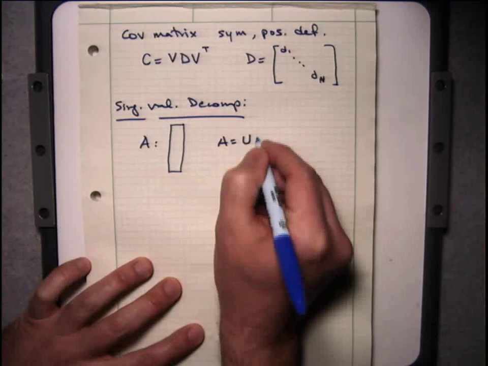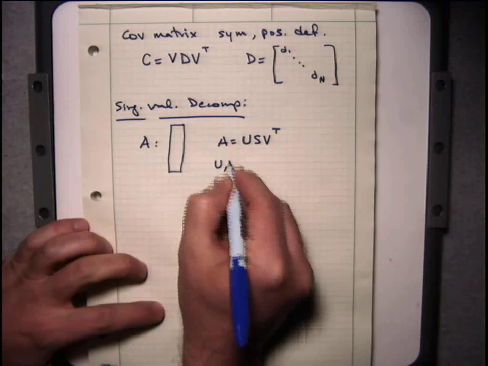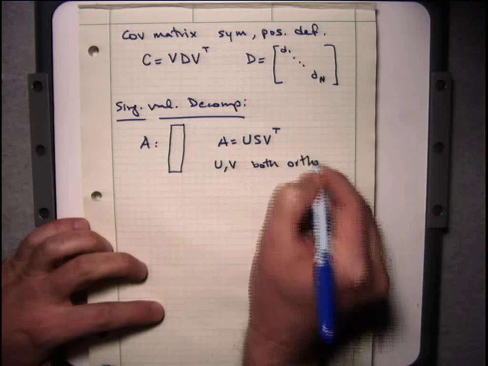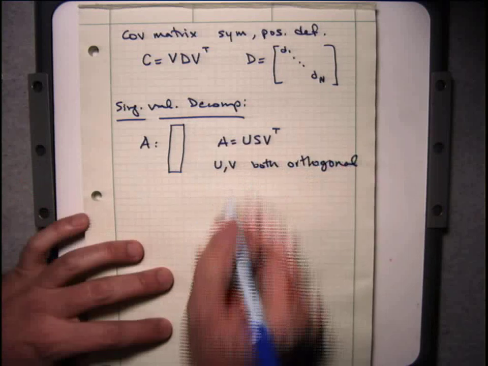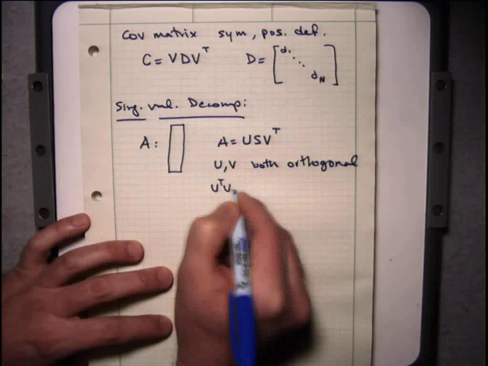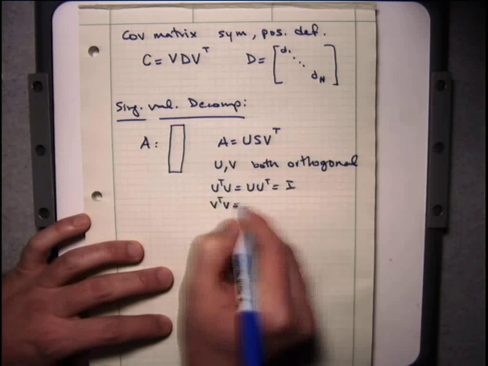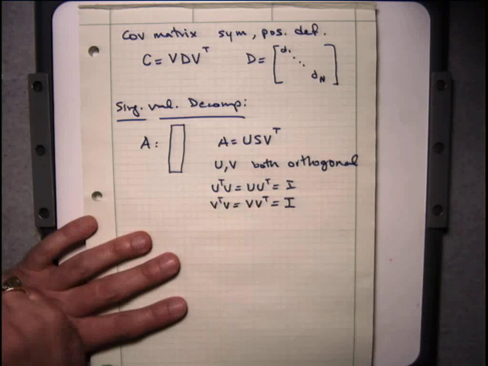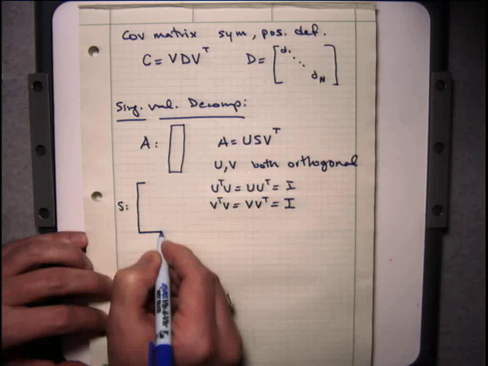This is U S V transpose, and what's special about this is that U and V are both orthogonal matrices. Not orthogonal to each other, but U transpose U equals identity, and V transpose V equals identity. And the matrix S will have the same shape as A.